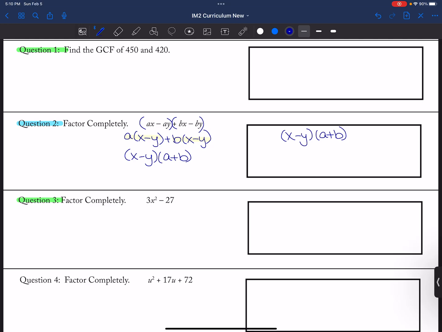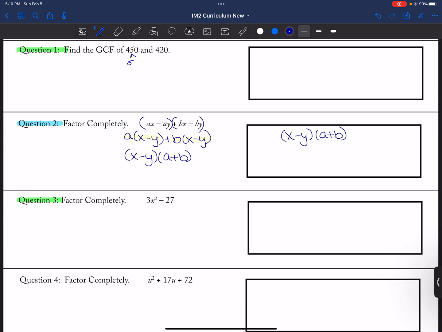Okay, so now let's find the greatest common factor of 450 and 420, because now what we're going to do is we're going to do all the odd numbered questions. Okay, so I would have probably divided this by 5 to start off with.